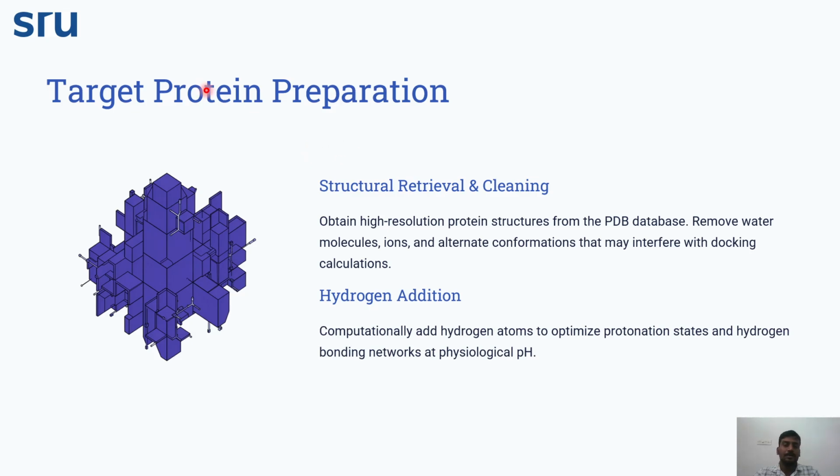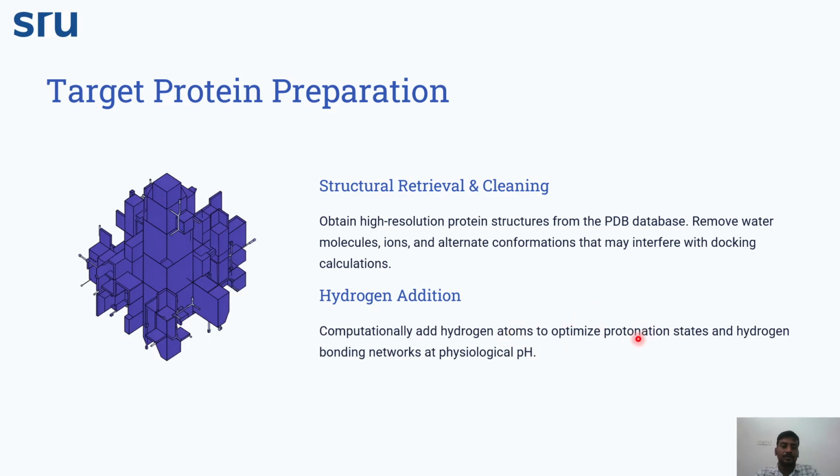If we are taking the raw structure from the PDB database or whatever database, we have to do several pre-processing steps. One is removal of water molecules, then ionic molecules, then any other conformations that may interfere with the docking calculations. These are extra additions attached to the raw form of the proteins, and they will highly disrupt the binding of ligands. The second one is addition of hydrogens.